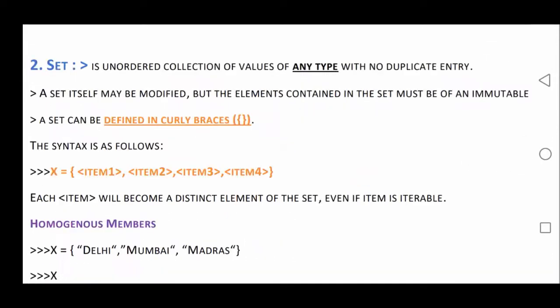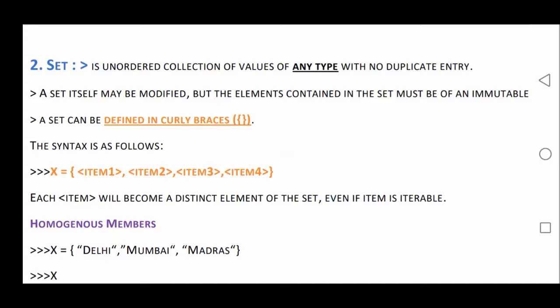Now an example of a mutable category: set, where the elements, the members inside the group, cannot be duplicated. That means there cannot be a duplicate copy of any of the elements there. The members can be of any immutable category. That means though a set allows modification, mutation, the member elements should not belong to a mutable category.